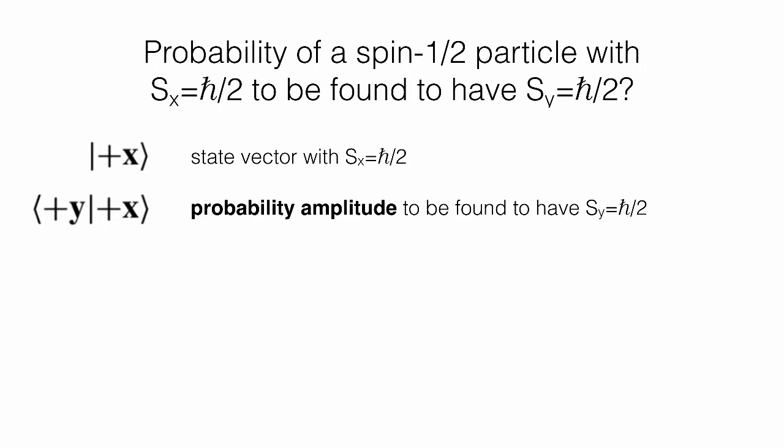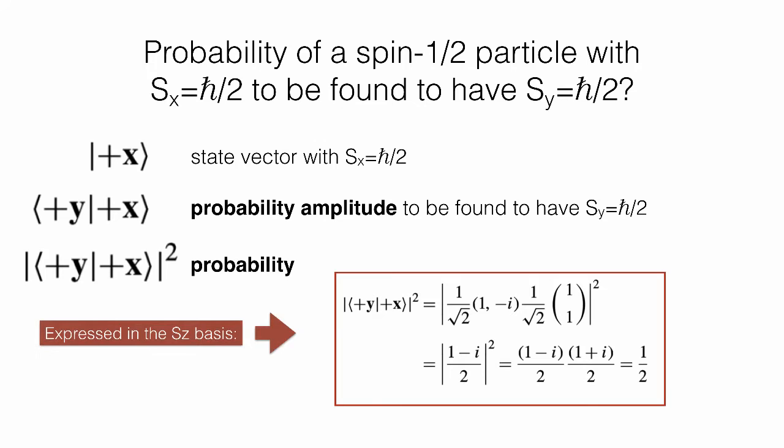It is the probability of finding a spin 1/2 particle that comes out of the top channel of the Stern-Gerlach X to be found in the top channel of a Stern-Gerlach Y. It's exactly what this is. This is a probability amplitude. Now, what's nice is that because we know how to write plus x and plus y in the plus z representation using rows and columns, we can calculate things very simply.